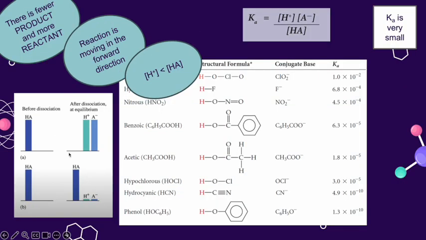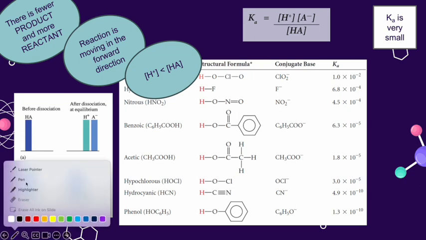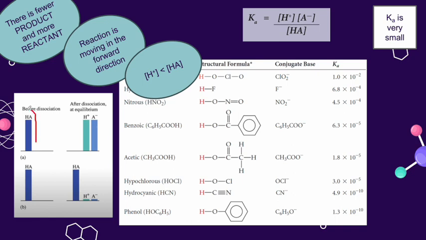Okay. So here we have a bar graph comparing A and B. Let's look at A. So before dissociation, you have this much of your acid. And after dissociation, you see that they have all dissociated.